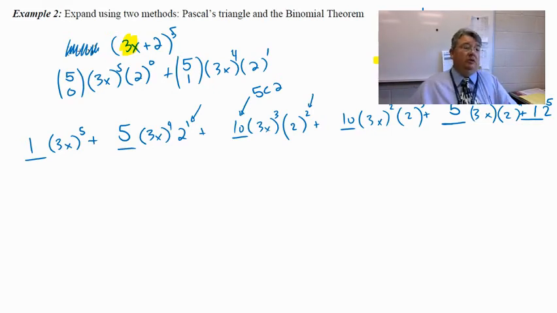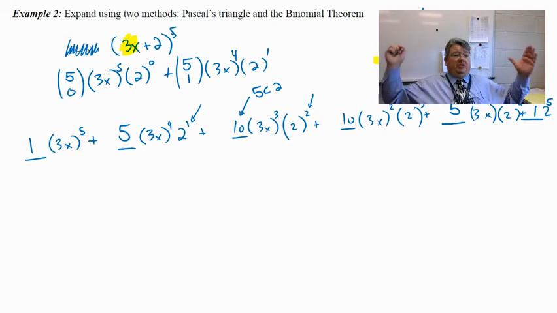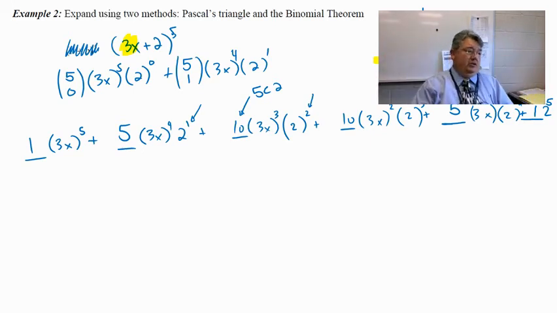Now, I'm not done because I've got to simplify all this. Okay, so on this first one, I know this is going to be an x to the fifth, so I just put that there. 1 times 3 to the fifth. I type in my calculator 3 to the power of 5. Okay, I lied. I didn't really type the 1 because I don't need it, right? And I get 243.